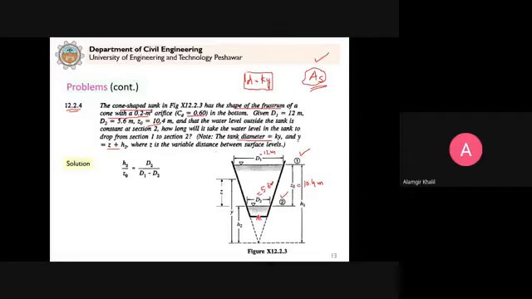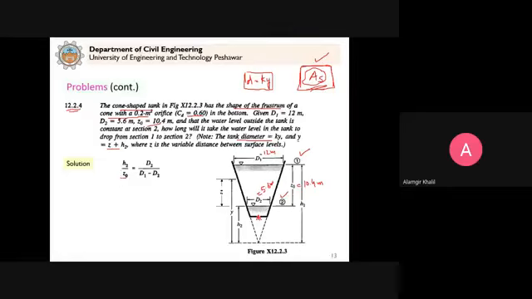There are actually two approaches. I will teach you two approaches. How you can follow, up to you. Which one you easily understand and easy for you, convenient for you, you can follow and solve the problem. So the first approach is that you can see that we can compare these similar triangles that can form here.